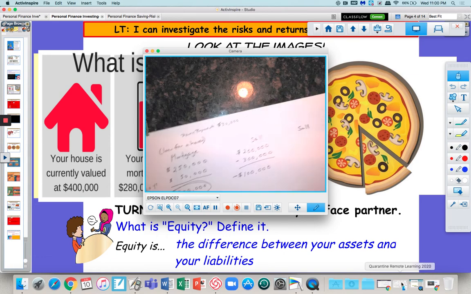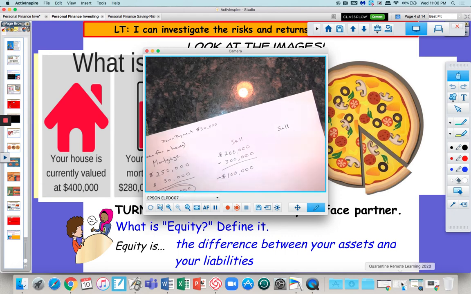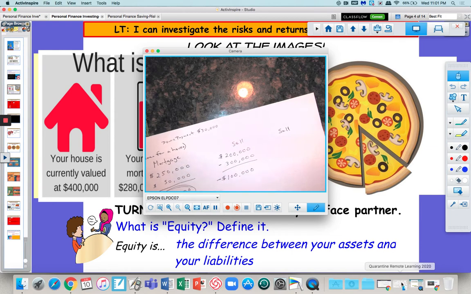Now, let's say though they get really lucky, and let's say they bought this home in East New York for $250,000, and then in just 20 years, East New York starts really taking off, and all of a sudden that home is now worth $1 million.